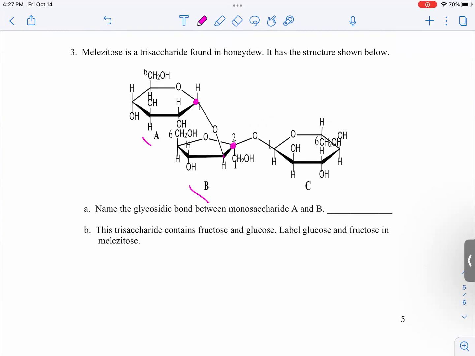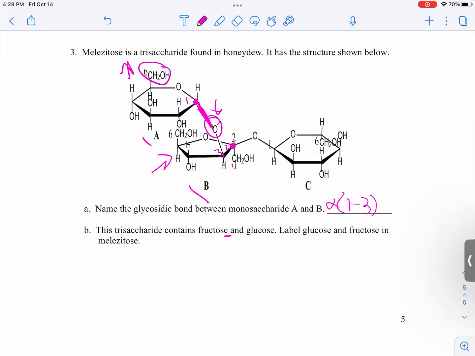This one is. So this is the glycosidic bond between A and B. And so this is down. Our 6 carbon group is up. They're across from each other. So that's alpha. This is 1. And this is 1, 2, 3. Remember, that's a 5-membered ring. So it's going to be alpha, 1, 3. Okay.